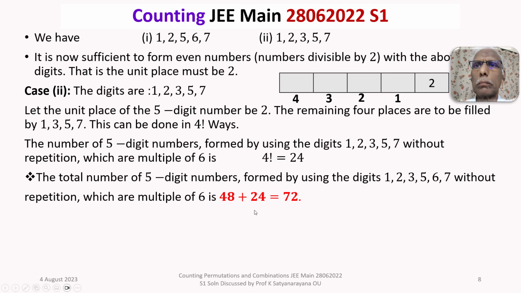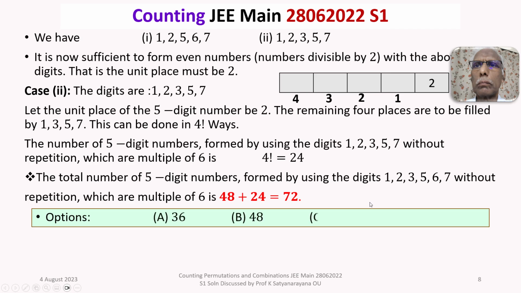We use the sum rule, and 48 plus 24 is equal to 72. So let's look at our options. Our answer 72 appears against option D. Therefore, the answer to this question is option D.